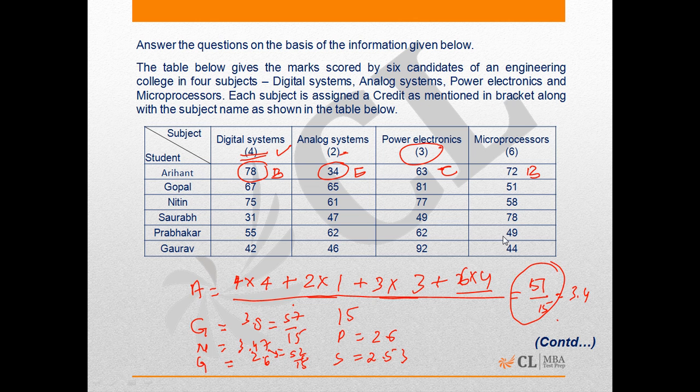This can also be written as 51/15. The other CGPA is very less, so in order to minimize the value of K, we need to consider the CGPA of Nitin and Arihant.